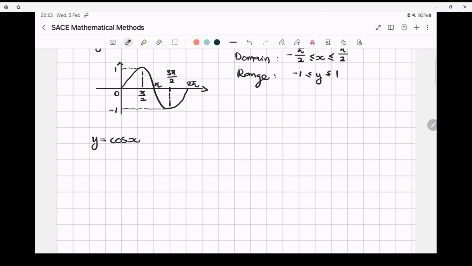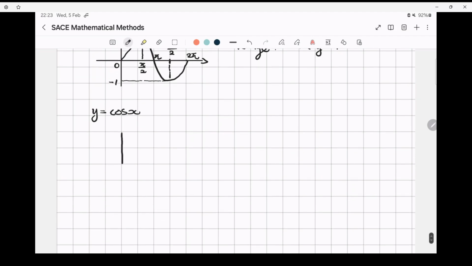For cos x, the graph will be like this. So over here, this corresponds to 2 pi. This is 3 pi over 2. Here is pi. Here is pi over 2. And then this is 1.